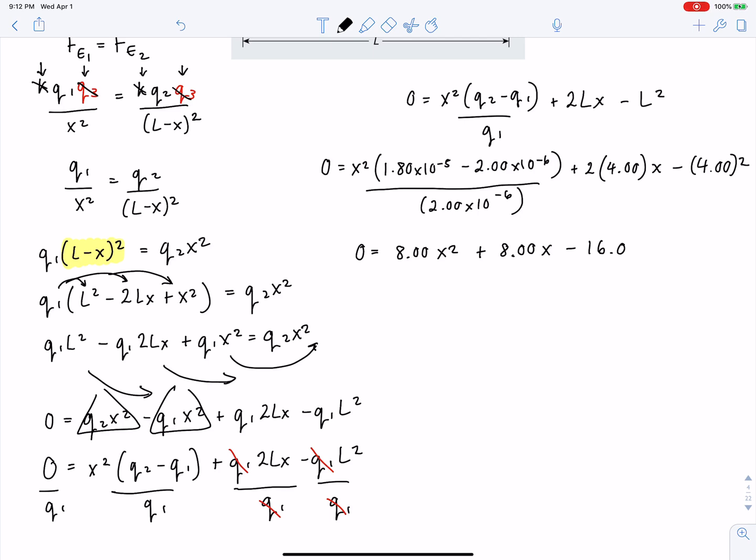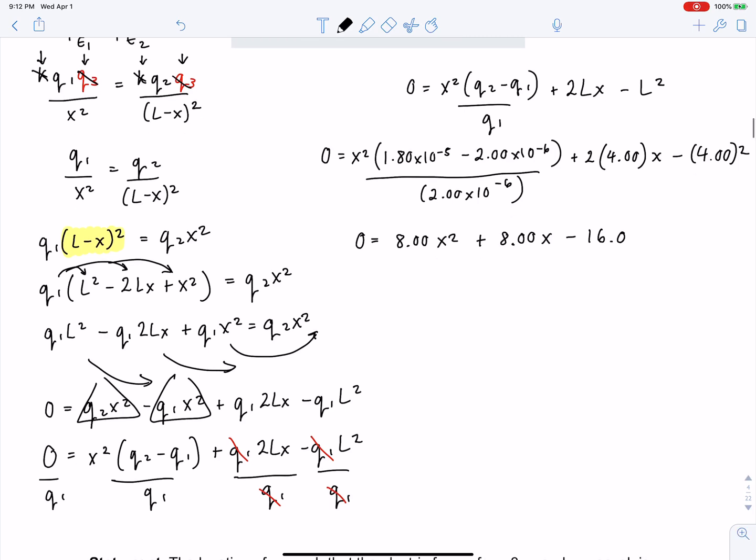Thankfully, the gods of math and physics are on our side, and this is rearranged into a simple quadratic equation. Let's reduce this, dividing everything by 8. So we are left with 0 equals x squared plus x minus 2.